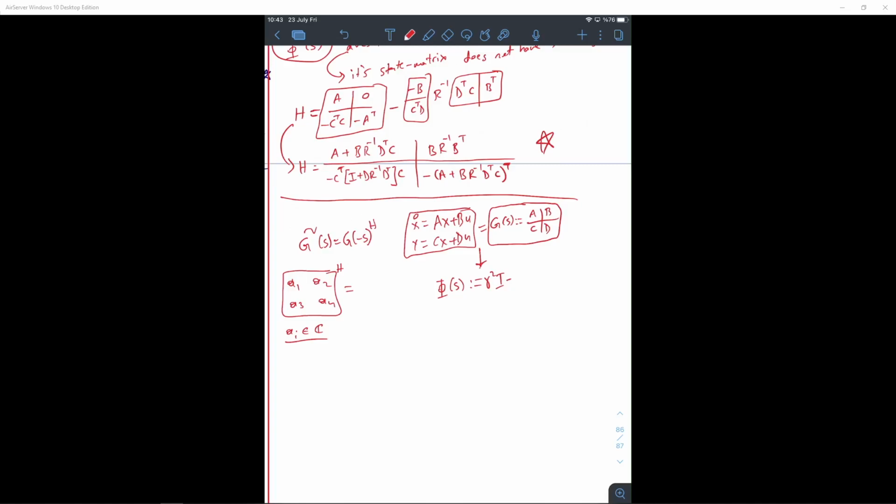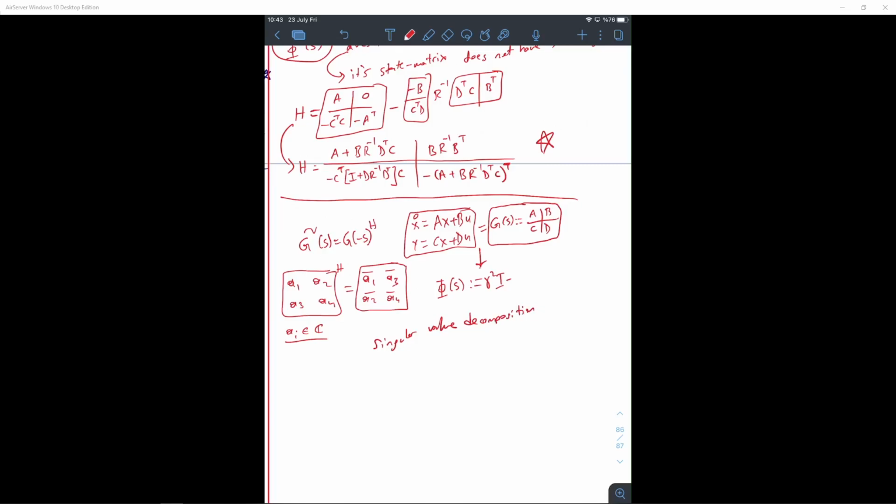So a1, a2, a3, a4, and we take the conjugate, right? For example, in singular value decomposition, we use this operator, Hermitian operator, right?